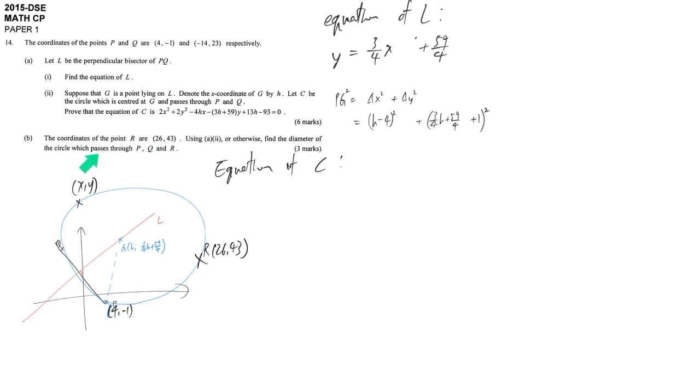Do you know that whenever a point passes through an equation or a line or a shape, then it fulfills the requirement. That means you can substitute. So since R lies on C, when x is equal to 26, then y will equal 43.